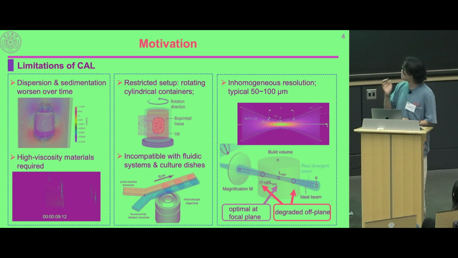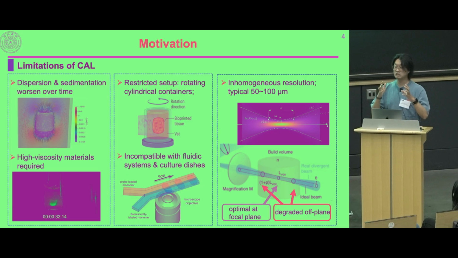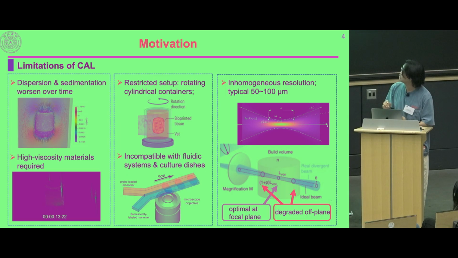The previous CAL has some limitations because it needs some time. So the solution should have very high viscosity. Otherwise, the 3D structure can sink due to gravity. So we focused on this point and tried to make an ultra fast volumetric 3D printing system.